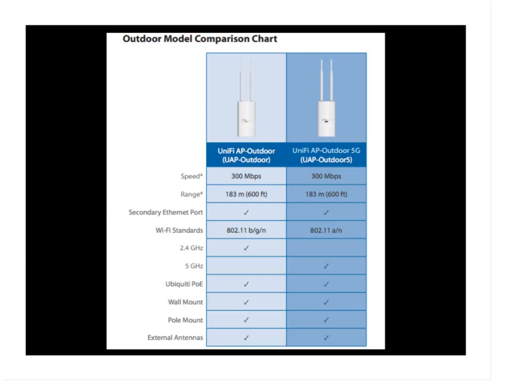The UAP Outdoor is a B, G, or N device. The UAP Outdoor 5 is an 802.11a or N device. And also those devices are both PoE capable. So those are the 6 different access point options that are part of the UniFi product line.